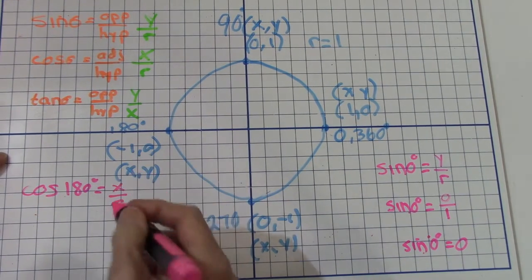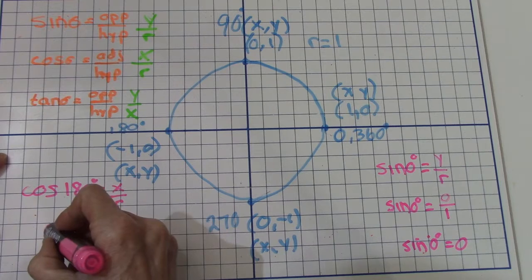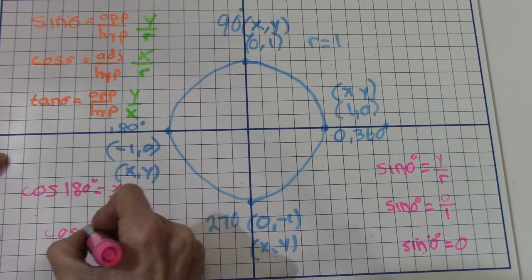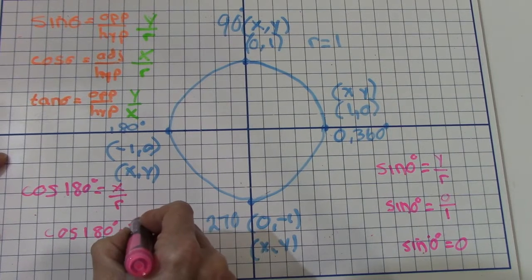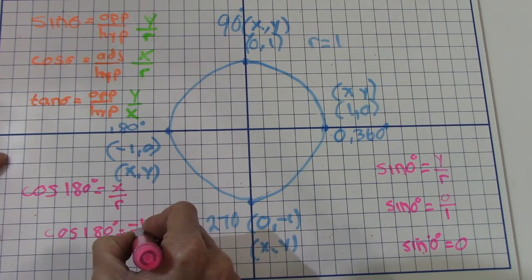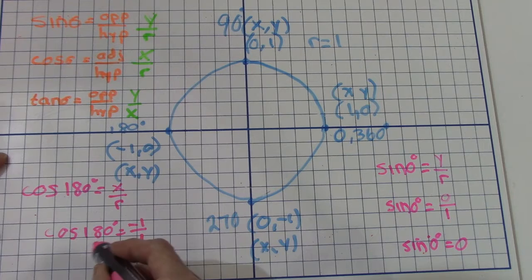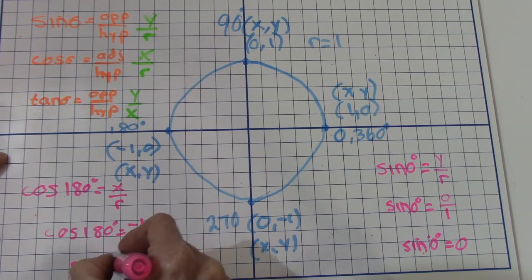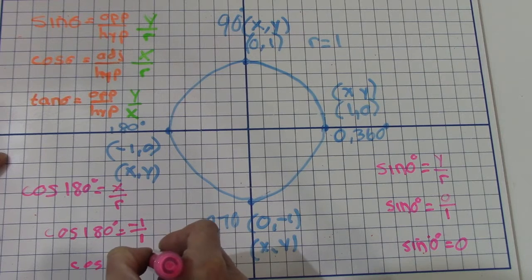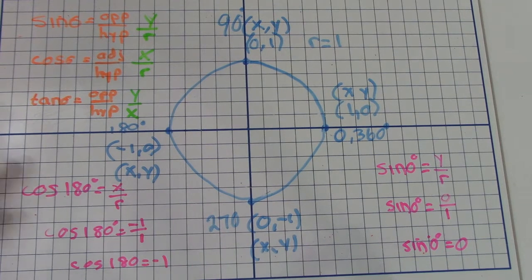The x value is -1. r is 1. And there's my answer. The cosine of 180 degrees is -1.